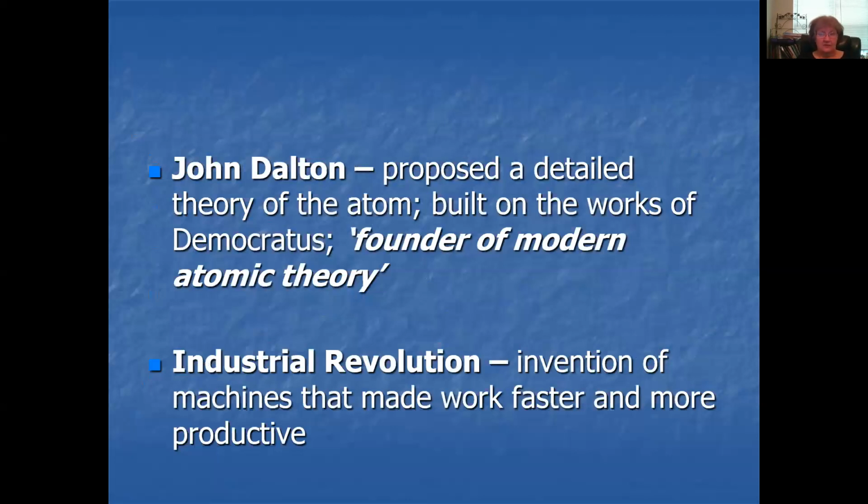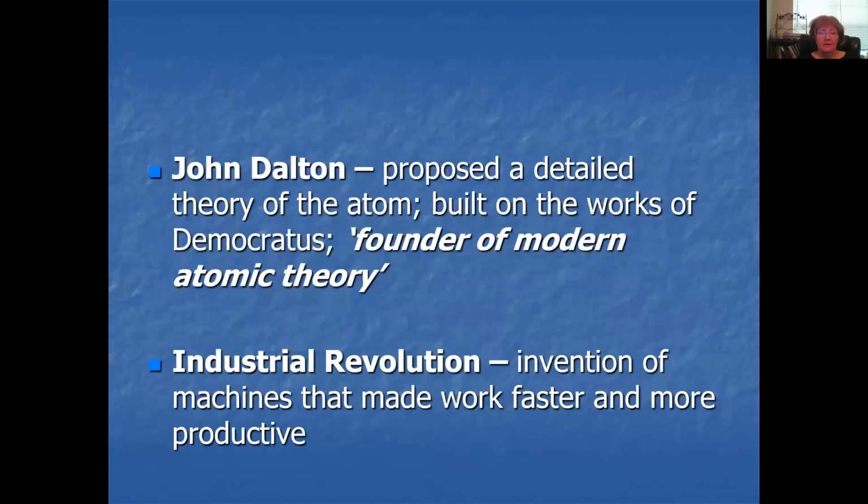And we actually still use a lot of what Dalton said. He was pretty accurate in what he wrote. So John Dalton, we consider him the founder of modern atomic theory. And we've built on it since then. The things we know about the atoms today, Dalton didn't even know. But he kind of got us started on a really good path to understanding what the atom looks like.